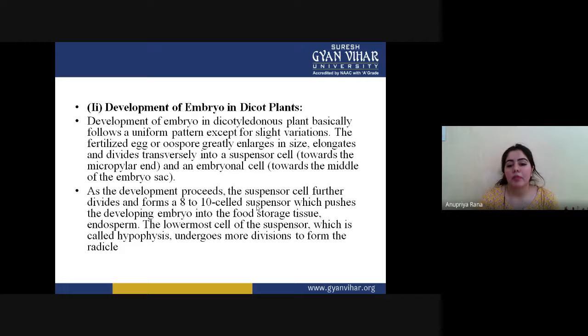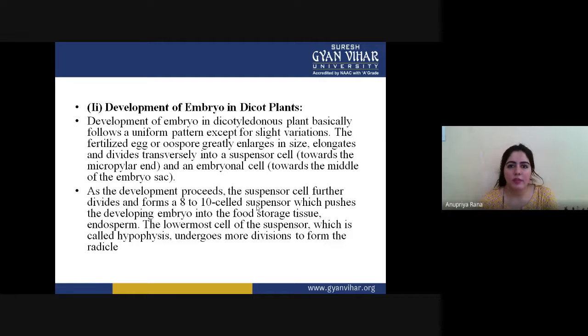As the development proceeds, the suspensor cell further divides and forms an 8 to 10 cell suspensor. So from one cell, it forms an 8 to 10 cell structure, which pushes the developing embryo into the food storage tissue.